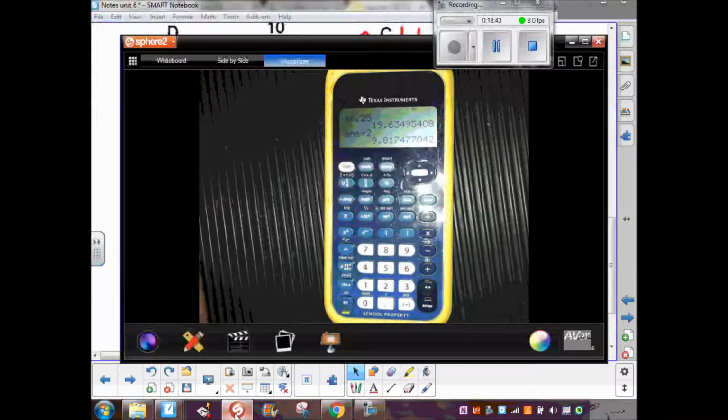So I'll go through that again. Pi, 2.5 squared, enter, and cut it in half. There's the area of the half circle.